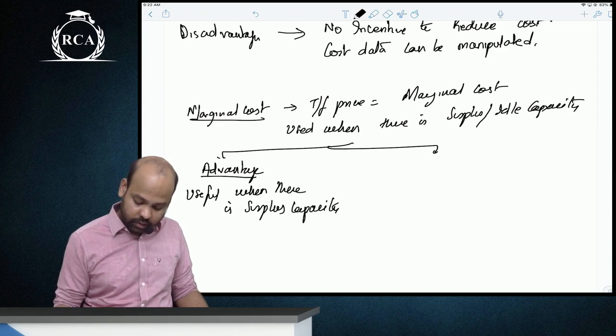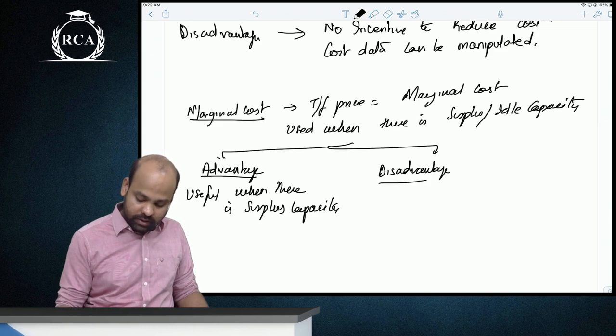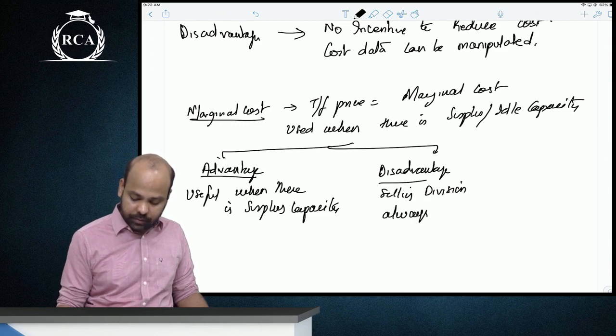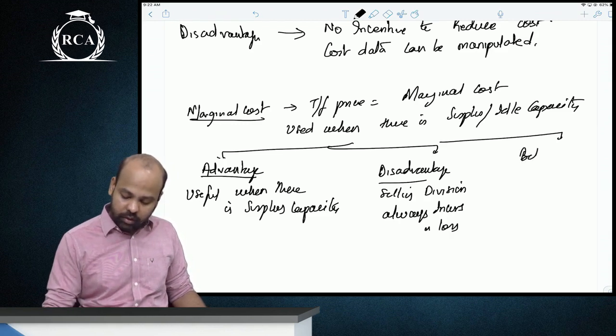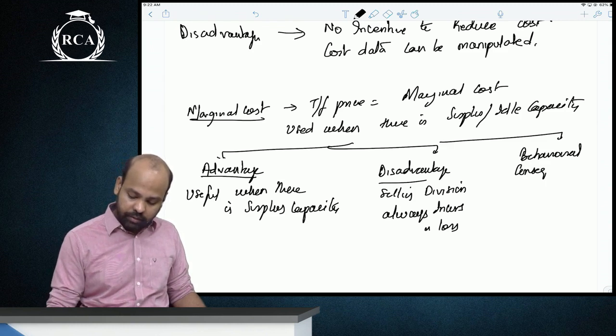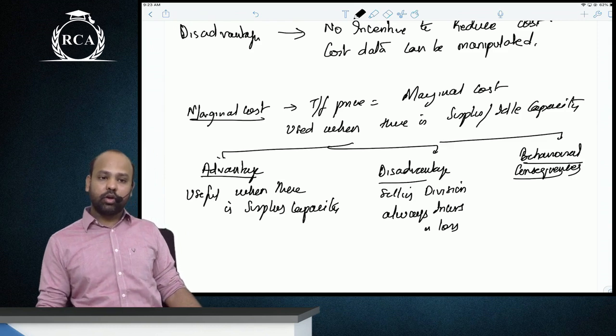Disadvantage, beta: the selling division always incurs a loss. Behavioral consequences, beta. क्या रहेगा बेटा behavioral consequences?